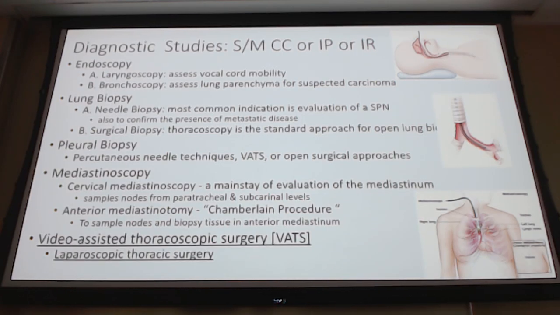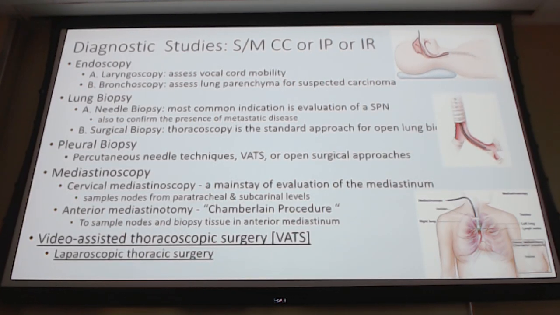All right, other things, these are mainly going to be done by either the medical or the surgical critical care intensivist, or the interventional pulmonologist or the interventional radiologist. Okay. Endoscopies, we can do laryngoscopy or bronchoscopy. Okay, if we're looking for a vocal cord or upper trachea type disorders, that's going to be a laryngoscopy.